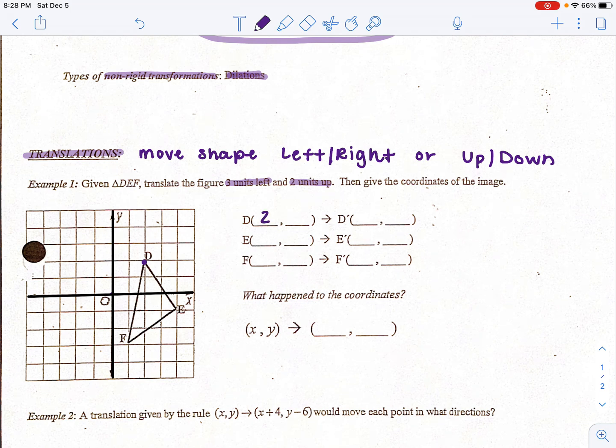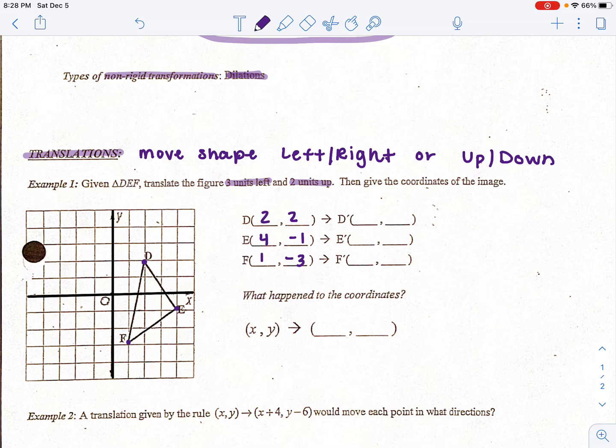All right, point D is at 2, 2. Point E is at 4, -1. And point F is at 1, -3. All right, so that is our initial figure.